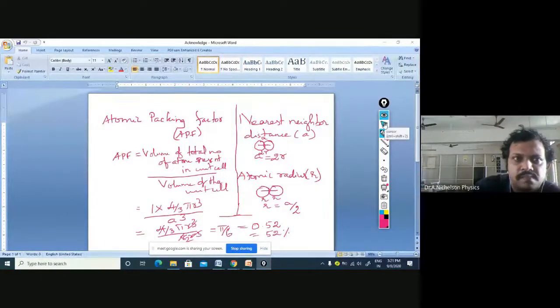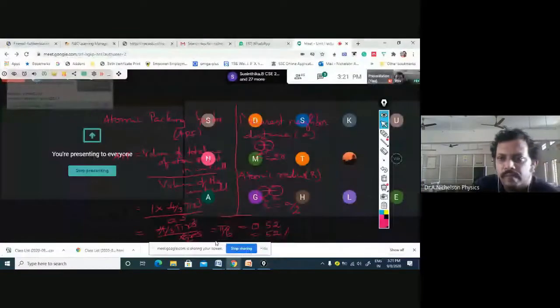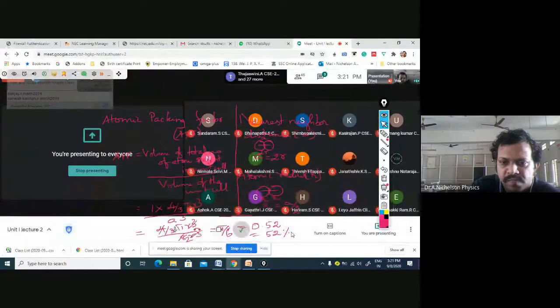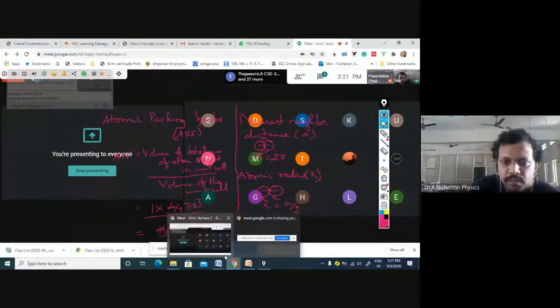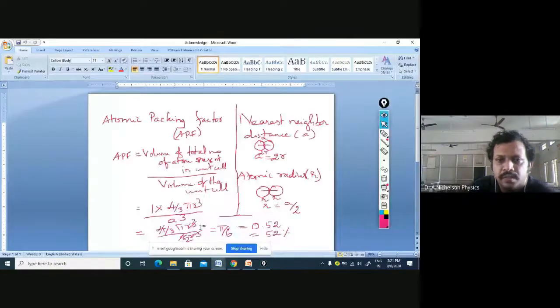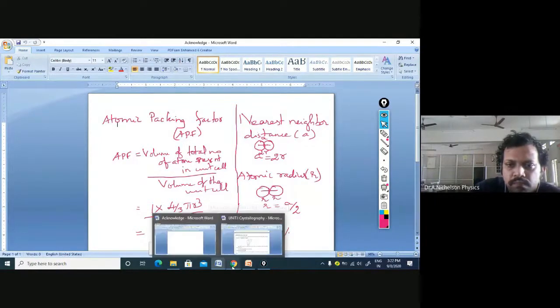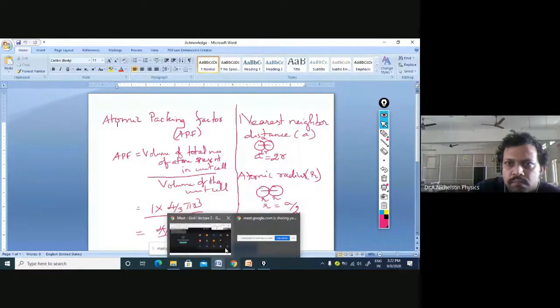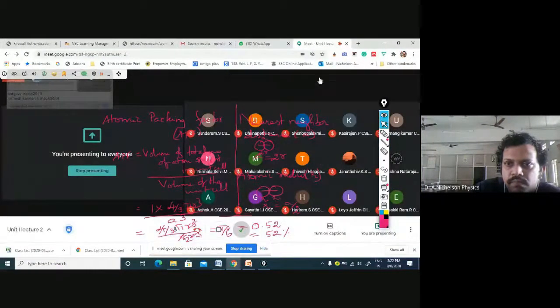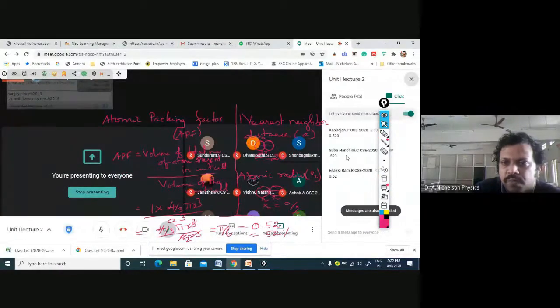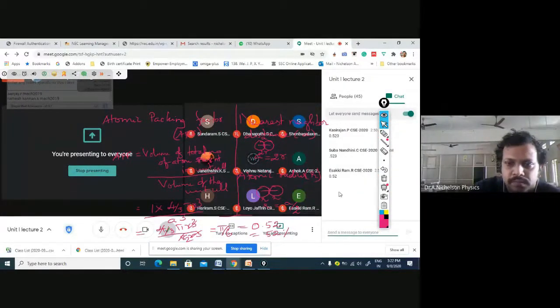I'm recording this. Is it recording? So one is over. Next, body-centered cubic. I think you have got a clear picture about the simple cubic structure. Next, let us move on to the body-centered cubic structure. Shall I delete this? 0.52. Okay.